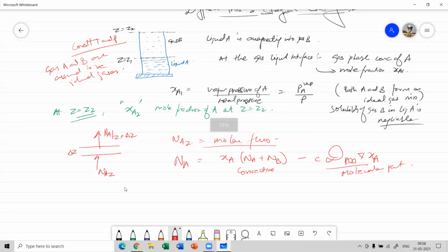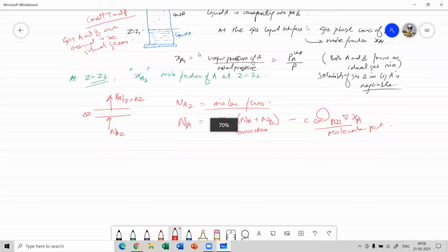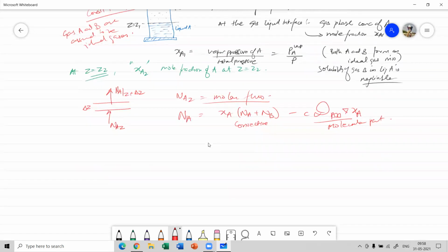Now for this, we also assume that if this is Z1 and this is Z2, then the mole fraction varies from 1 to 0. If XA goes in this direction, then XB goes in the opposite direction.